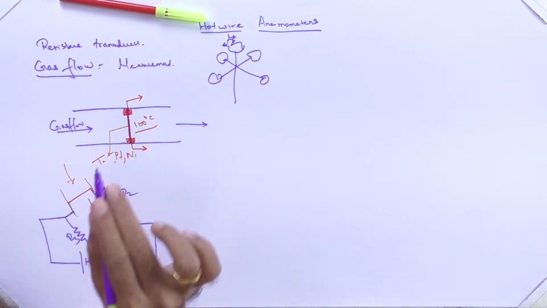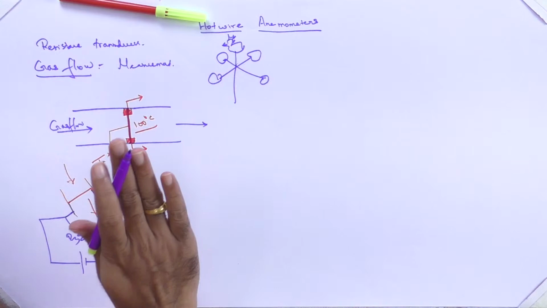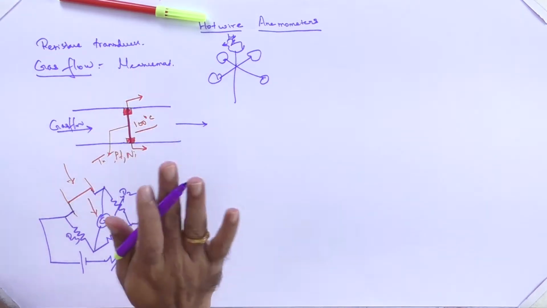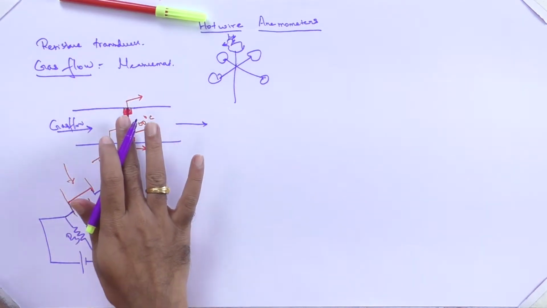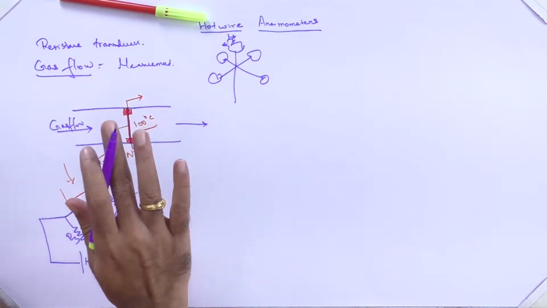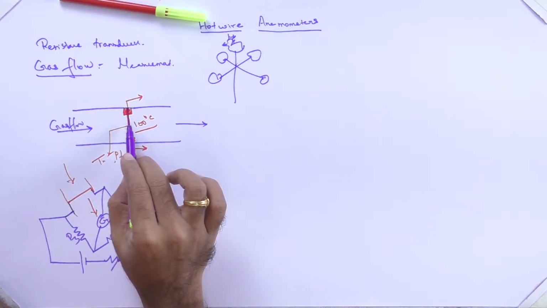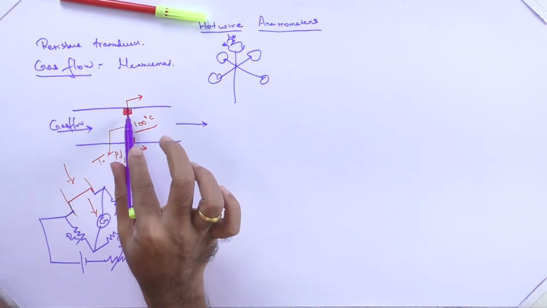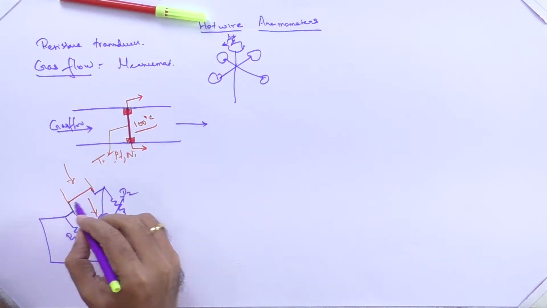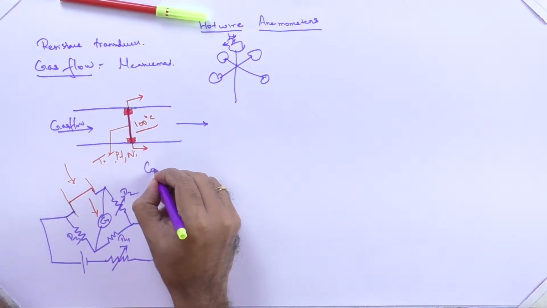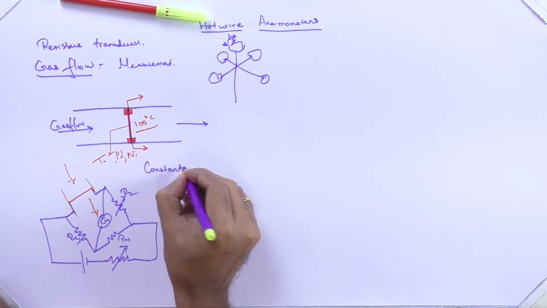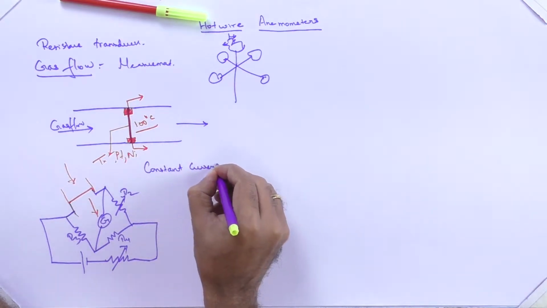Okay, so this is the basic principle, and as I have drawn here, we are not going to change the temperature, we are simply going to maintain it at a constant current. We are not changing anything to change the temperature of the wire. We are only maintaining the constant current, and this principle is called the constant current type.